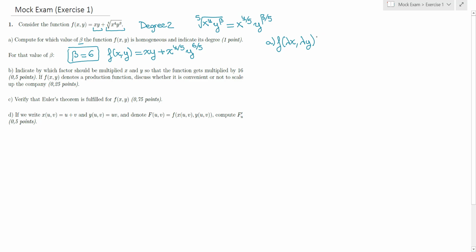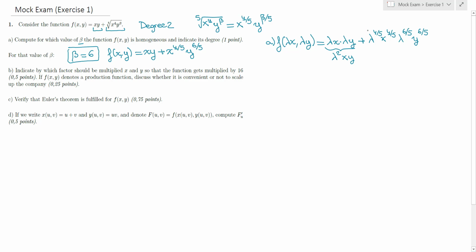So lambda is the scale factor by which we resize the arguments of the function, and this is lambda x times lambda y, which in this case is very easy to see that it's lambda squared xy plus lambda to the 4/5 x to the 4/5 lambda to the 6/5 y to the 6/5.